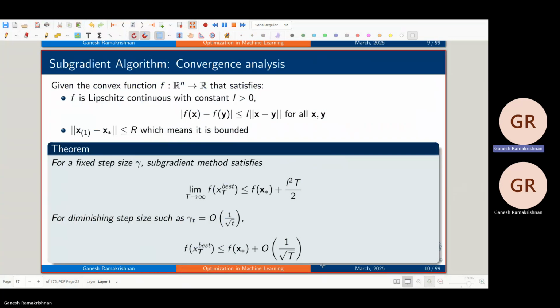How does gamma t as 1 upon square root t behave? Obviously it goes to 0 as t tends to infinity, but how does the summation behave? Not bounded, of course not. It is higher than 1 upon t, so this is an example of 1 upon t or higher.